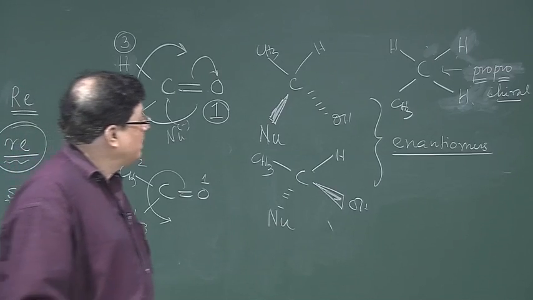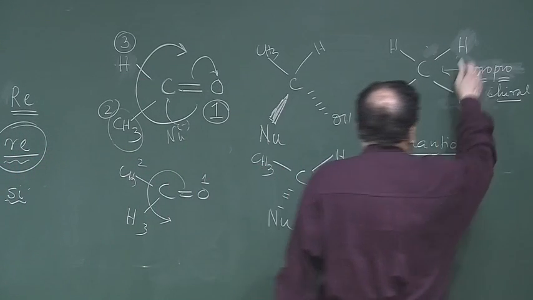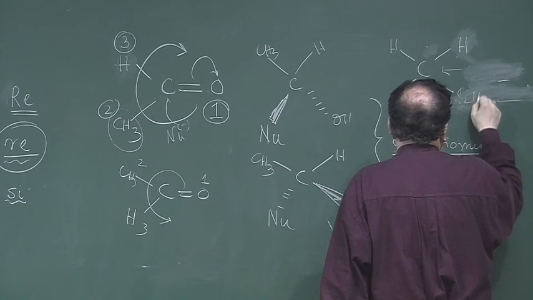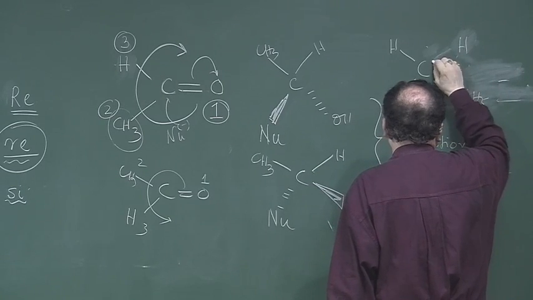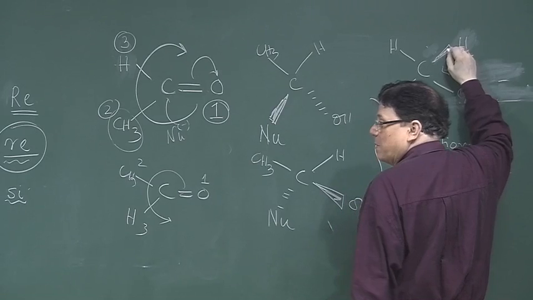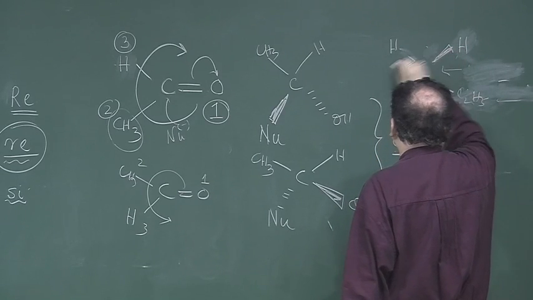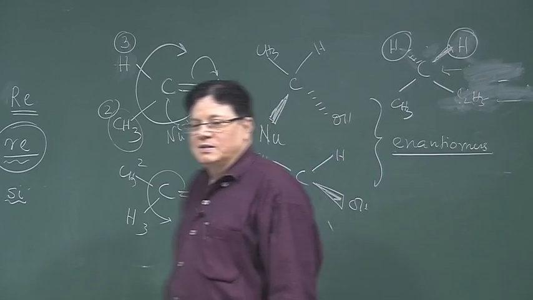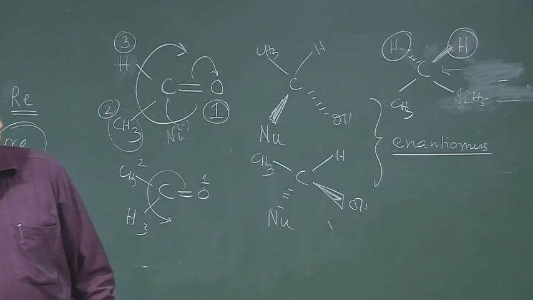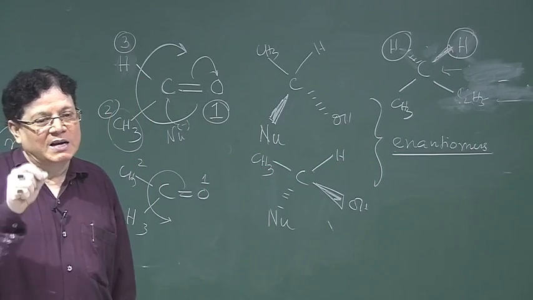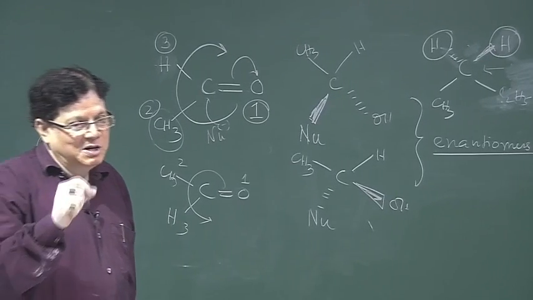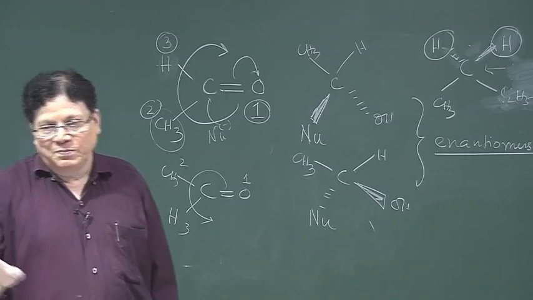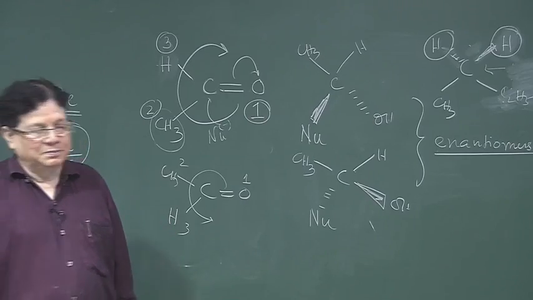Also, when there are two groups C2H5 and CH3 and this carbon is a prochiral center, these two hydrogens are enantiotopic, and you can again assign stereochemical descriptors to these hydrogens. That we will do in the next lecture. Thank you.